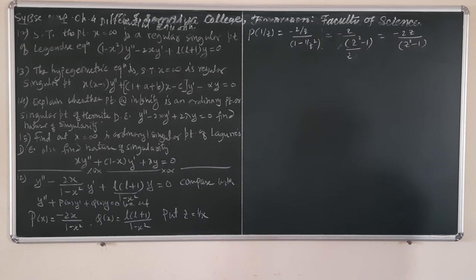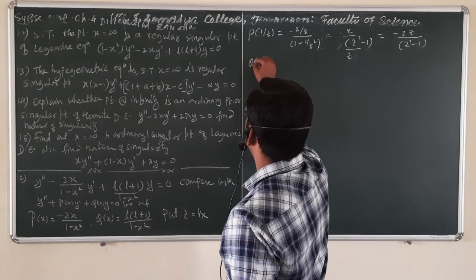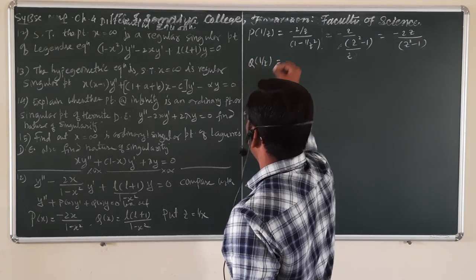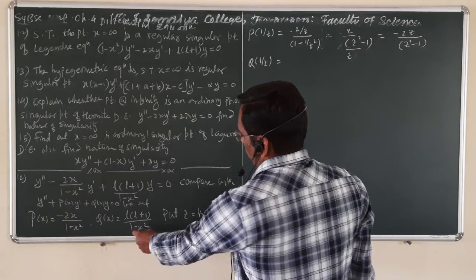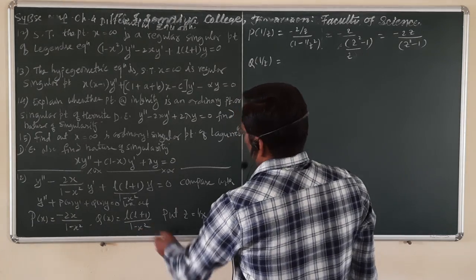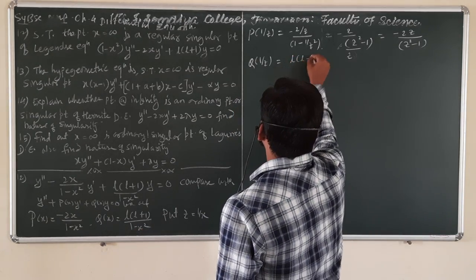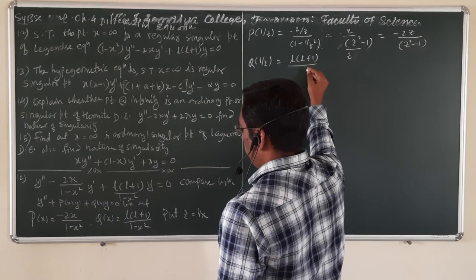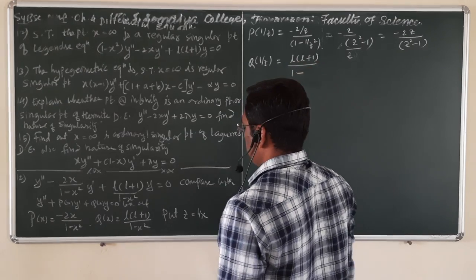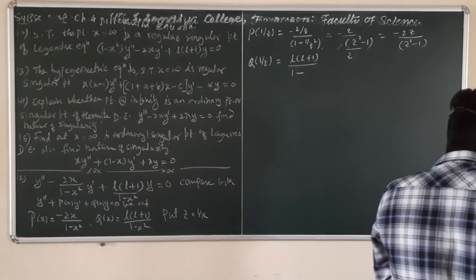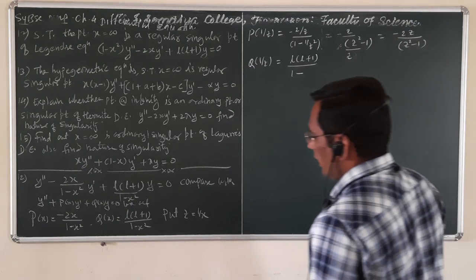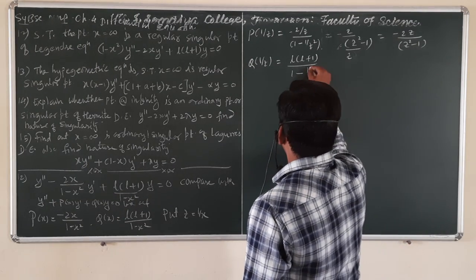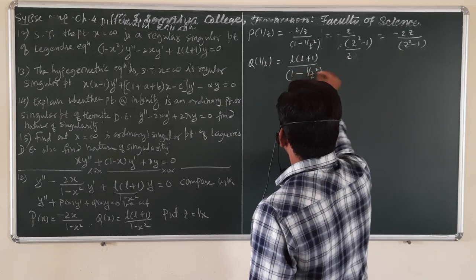So that is p of 1 upon z, and q of 1 upon z is, so here we have to put x as 1 upon z, so this is l into (l plus 1) divided by 1 minus 1 upon z squared.